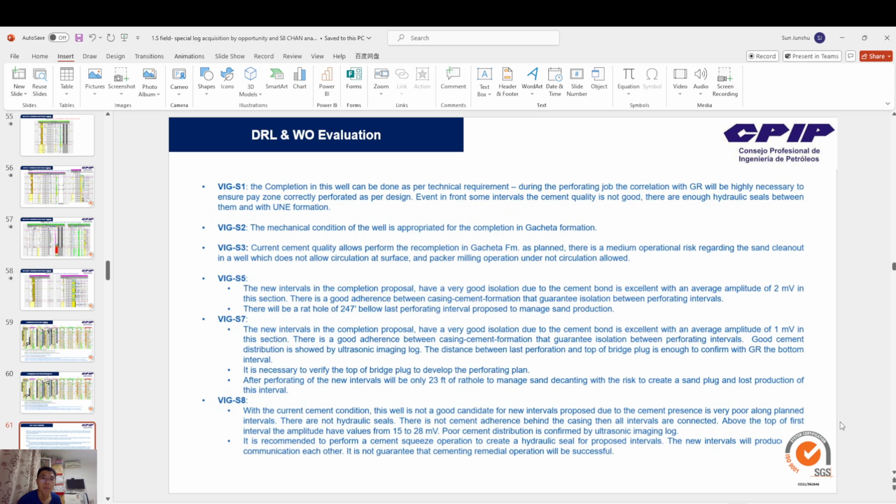There is a medium operational risk regarding the sand clean out in a well which does not allow circulation at surface, and milling operation with no circulation allowed.